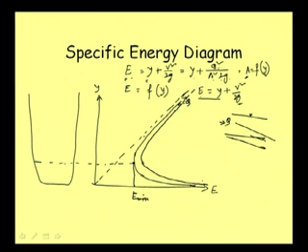Let me write this Q1, which is greater than Q. Then if I increase the discharge further, I will be getting another curve like this, and suppose it is Q2, which is greater than Q1, and greater than Q.